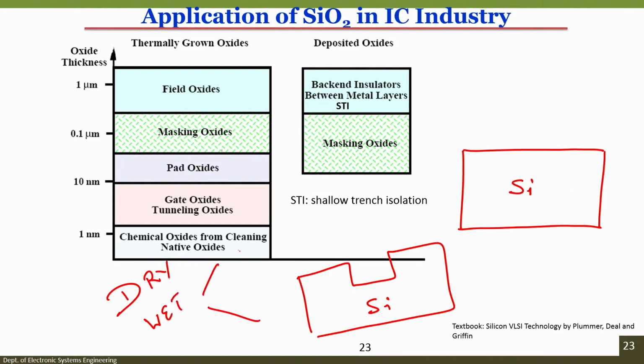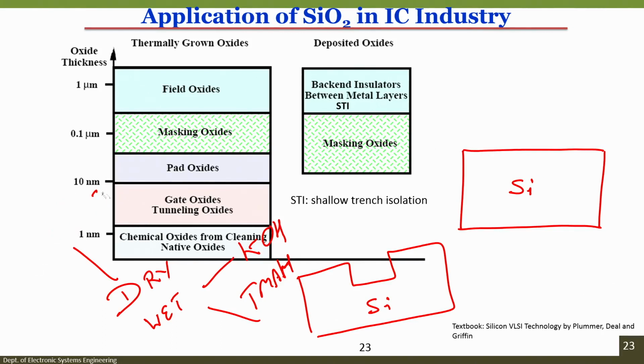Wet etching has potassium hydroxide and tetramethyl ammonium hydroxide. Dry etching has RIE, which is reactive ion etching, and DRIE, which is deep reactive ion etching.